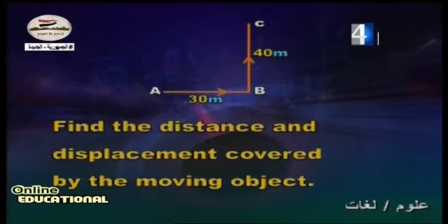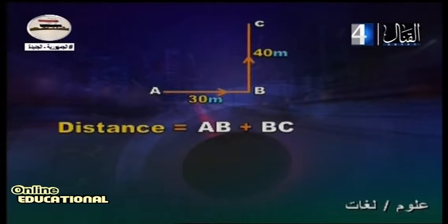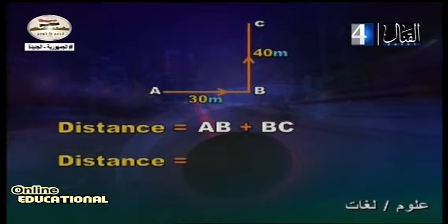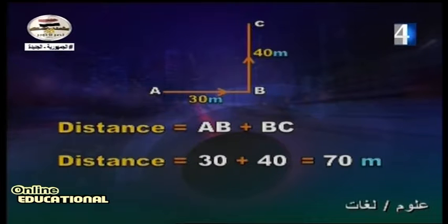You can see that the object moves from A to B 30 meters, then 40 meters. So the distance equals AB plus BC: distance equals 30 meters plus 40 meters equals 70 meters, without any direction, because distance is a scalar physical quantity.